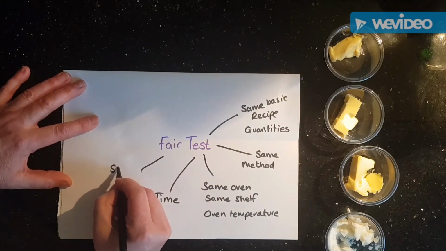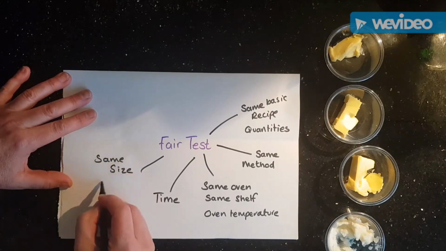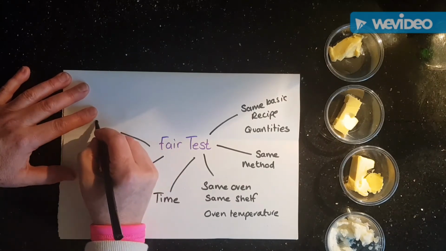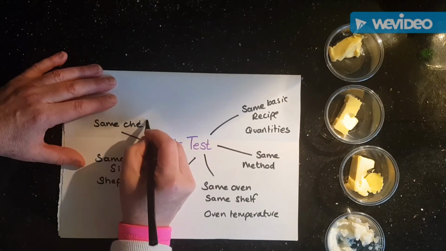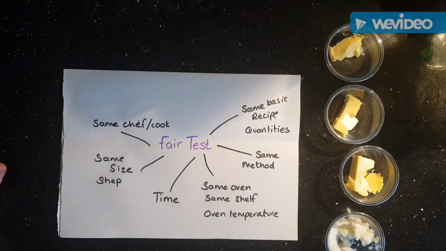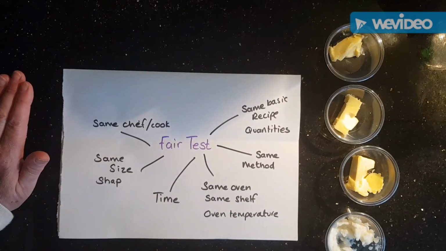We need to look at having them the same size as well, and shape. It's always best to have the same person, same chef or cook, because we all know we have different abilities as chefs and cooks, so it's the same person handling them. And they need to be done really within the same time limit.